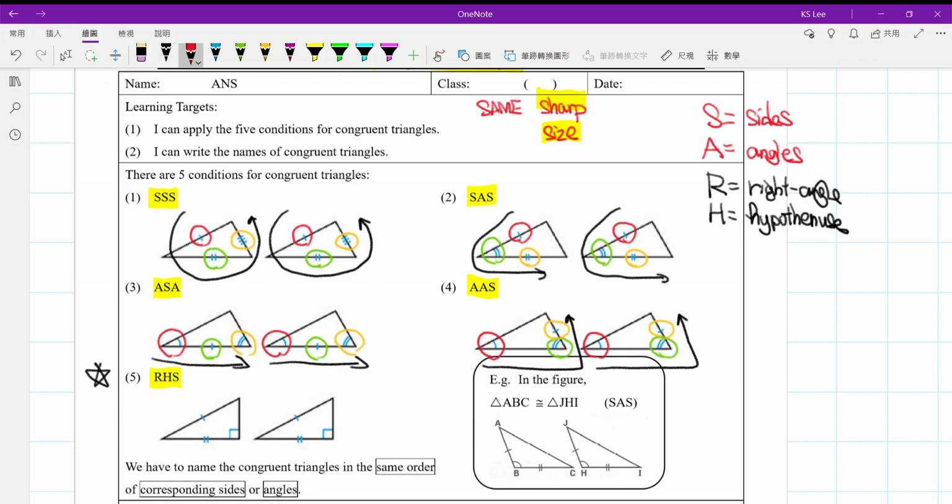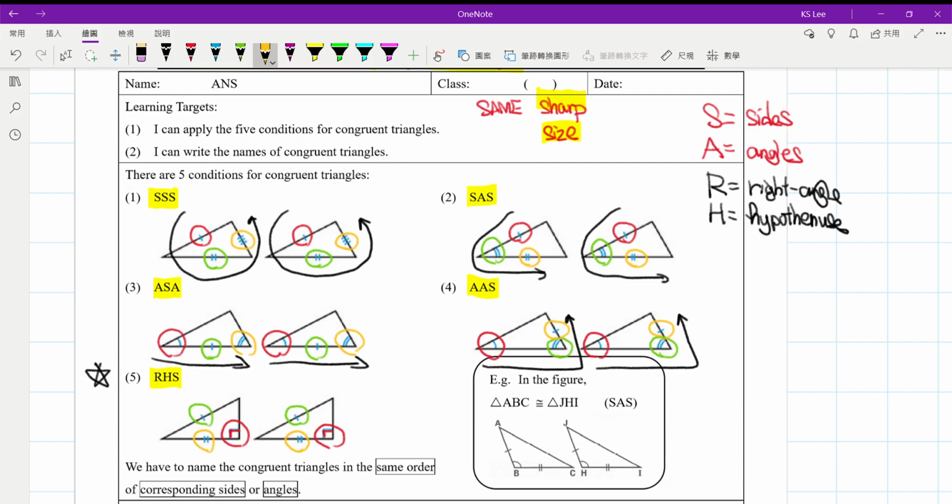Once we have the right angle, equal angles, then in the second case we need to look at the hypotenuse. If they are equal as well, then we look at the last pair of sides. If we have equal sides again, then we can prove that these two triangles are congruent using the reason RHS. So it doesn't follow any order.